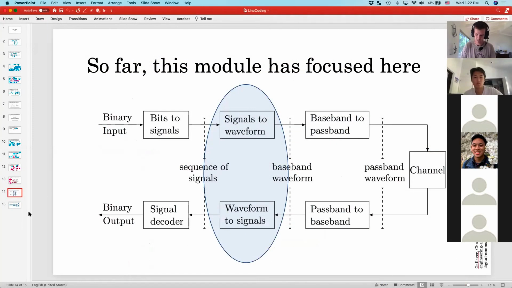So far, we have been really only talking about this line coding. And again, if you're doing, say, wireline communication or other non-RF applications, then that's fine.